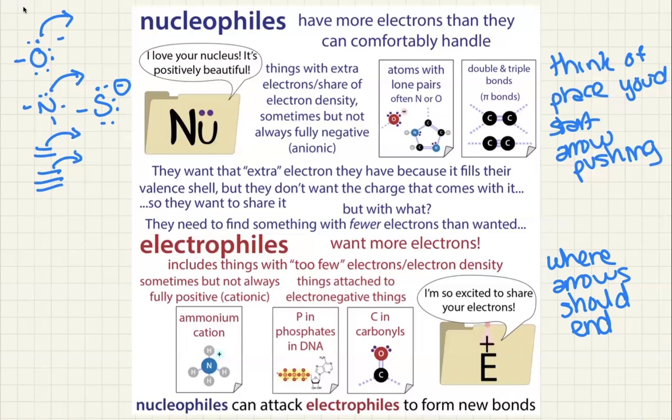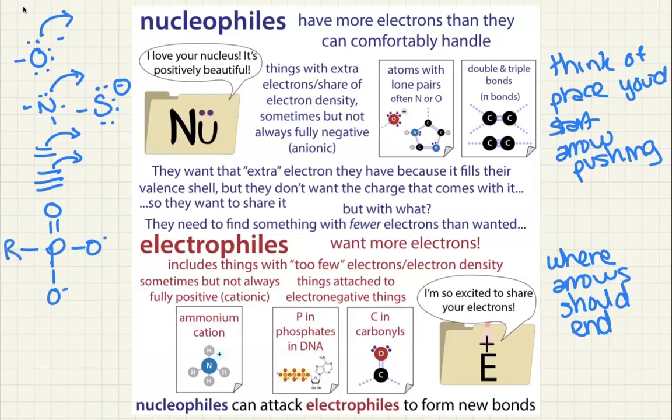A common place you might see this is a protonated amine group, where you actually have a plus charge. This can get neutralized by having electrons pushed towards it. You're also often going to see the P in phosphates. Remember that phosphoryl group that we talked about?